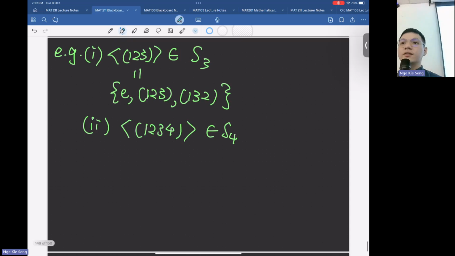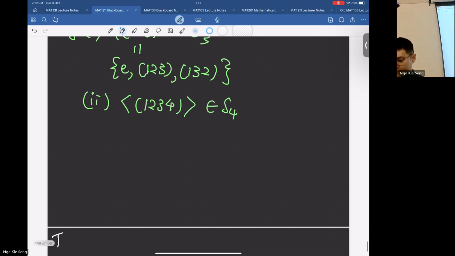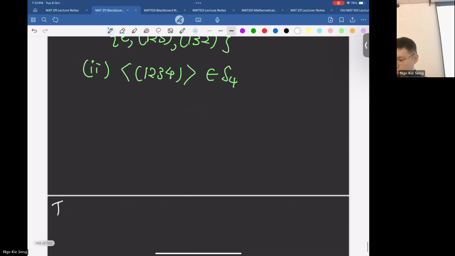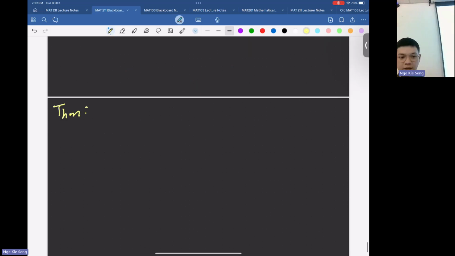Sorry, (1 2 3 4). So look at the cyclic subgroup generated by this and see if the composition inside there is abelian or not. Any question? Feel free to stop me if you need some clarification. Okay, next.